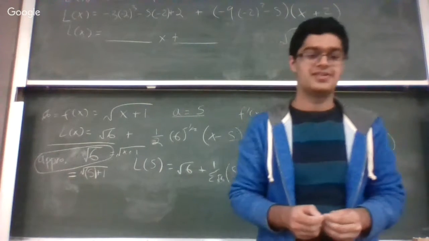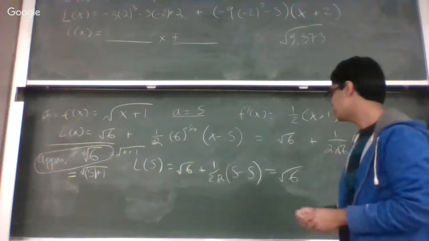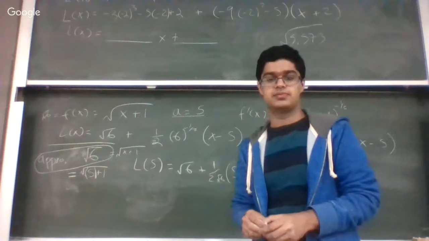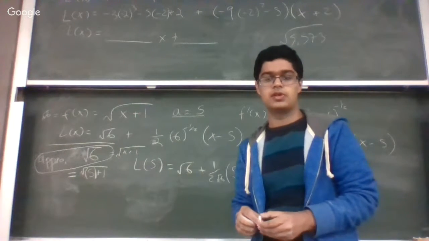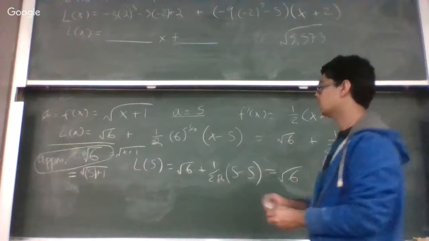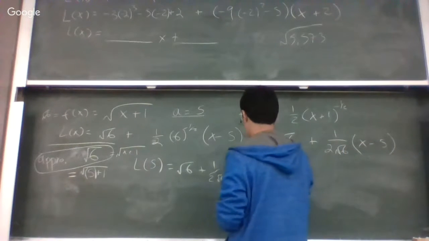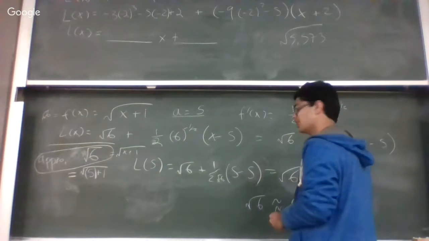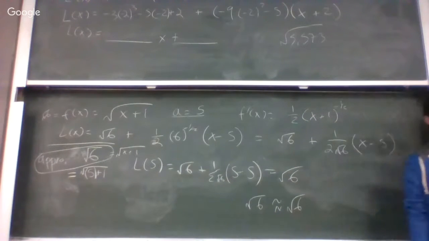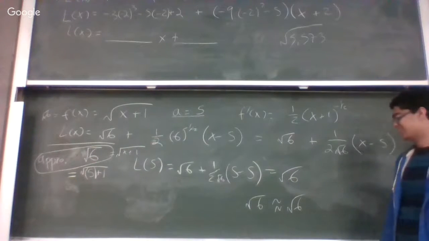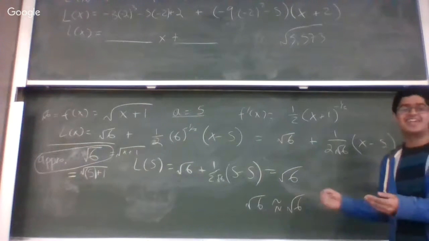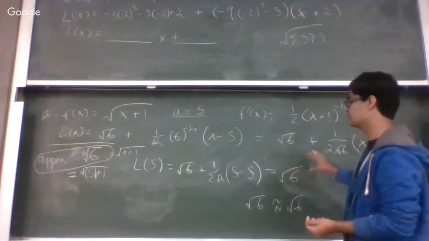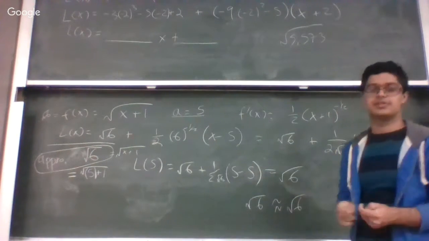Ours did work, but we got the same thing, which is fine. So in the end, the square root of 6 is approximately the square root of 6. So that's what's supposed to happen. Your answer will be a value approximately the original.